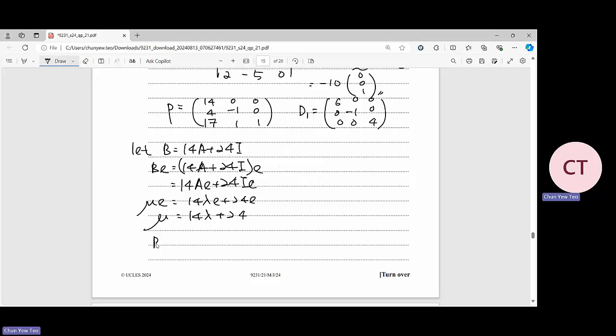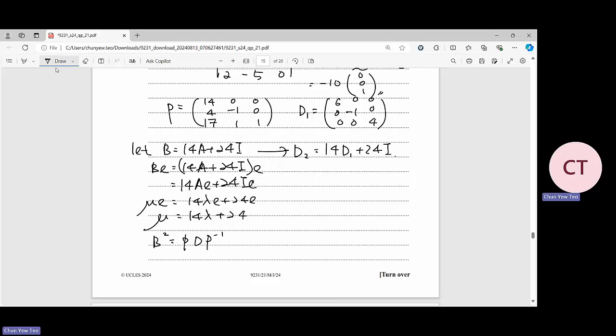Okay, so we have B squared is equal to B inverse. So first of all, our D2 will be equal to 24 D1 plus 14I. Sorry, 14 D1 plus 24I, based on this relationship.